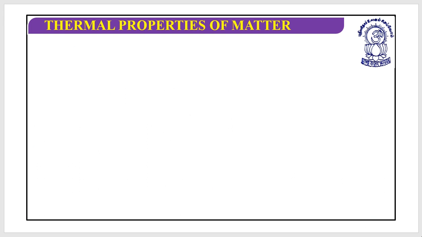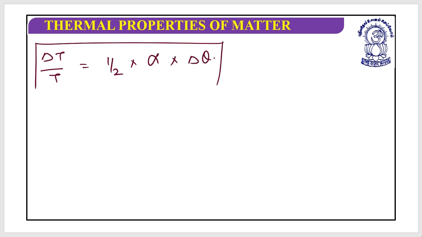So we have the relation that delta t by t is equal to 1 by 2 into alpha into delta theta. This is the relation which will give me the calculation of how many seconds are to be lost or how many seconds are to be gained.